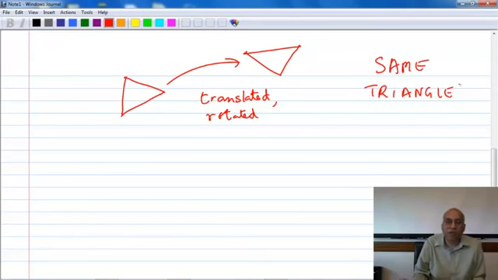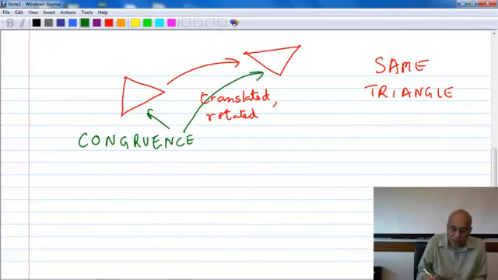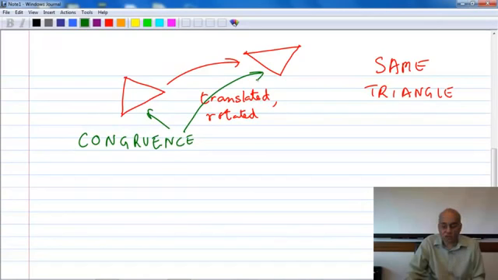So in high school geometry, we call this the notion of congruence. So we'll say that these two triangles are congruent, and there are a number of conditions by which we can figure out whether two triangles are congruent. So we want to develop this idea more generally.